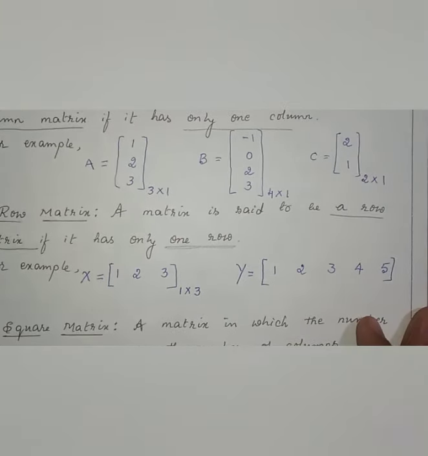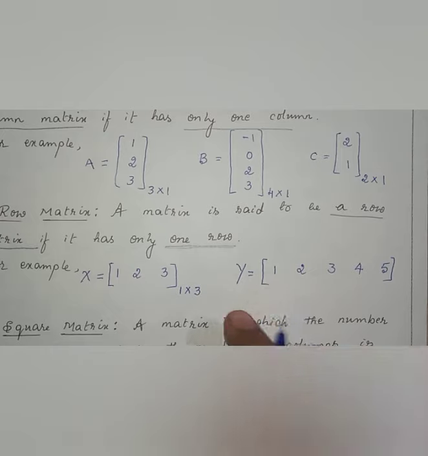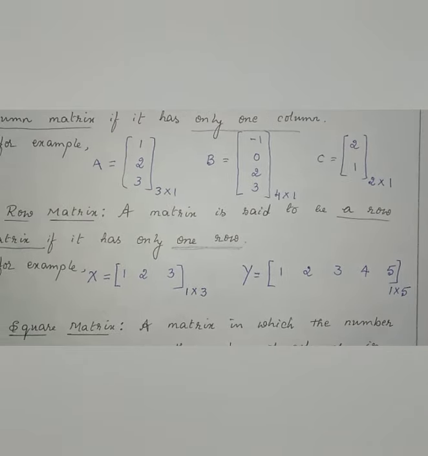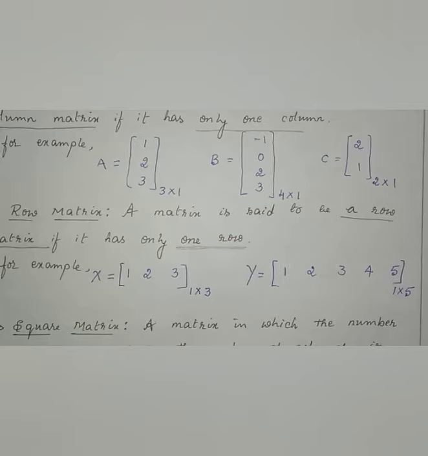It contains only one row and 5 columns. Therefore, the order is 1 by 5. So this is a row matrix, a matrix which contains only one row.